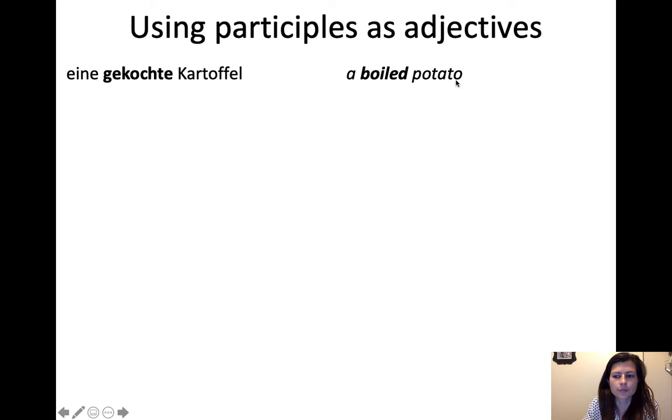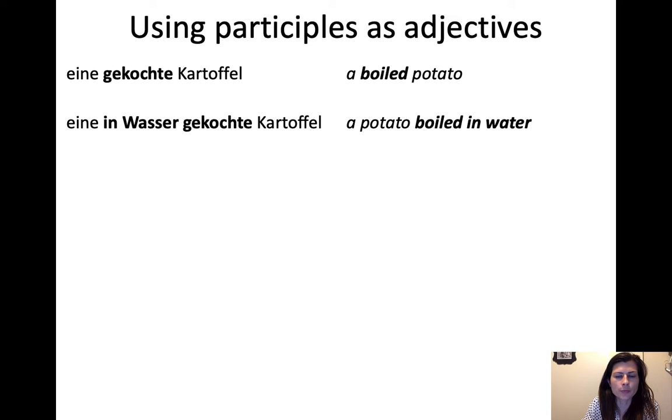So that's like the first version, but maybe we can make it a little more complicated and use extended adjective constructions that are characteristic in German, especially in academic writing. So, eine in Wasser gekochte Kartoffel, a potato boiled in water.